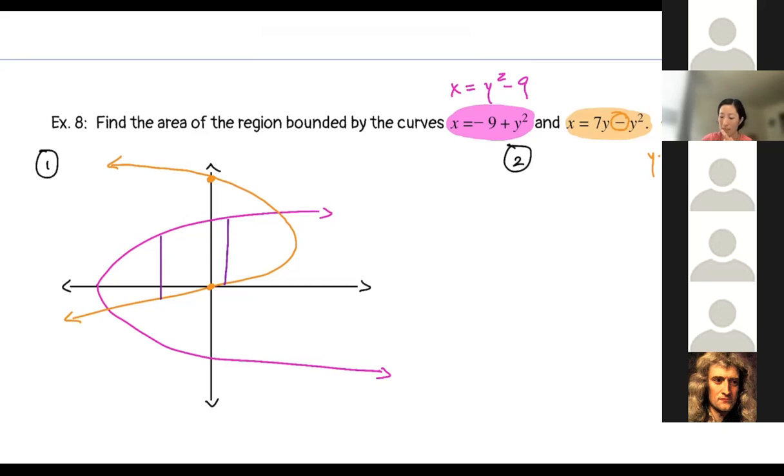Let me draw it again. Does this one have the same top and bottom function as this rectangle? Yeah, I would say the pink one's on the top, the orange one's on the bottom. Okay. What about this one? Pink on top, orange on bottom. Great. What about this one? Yeah. Okay.